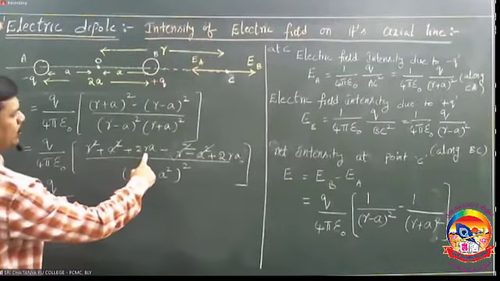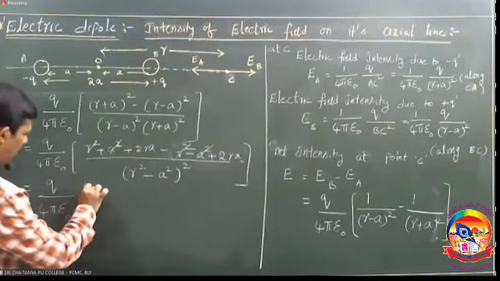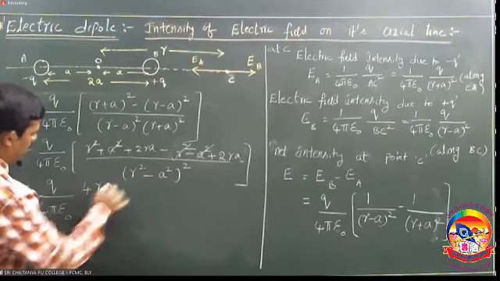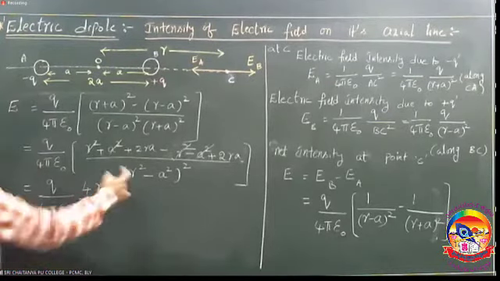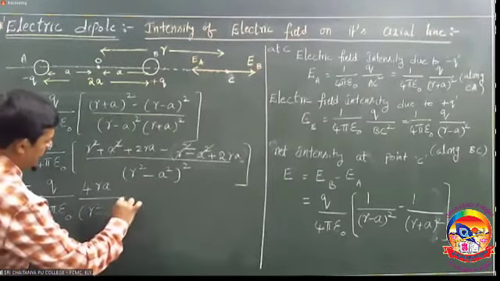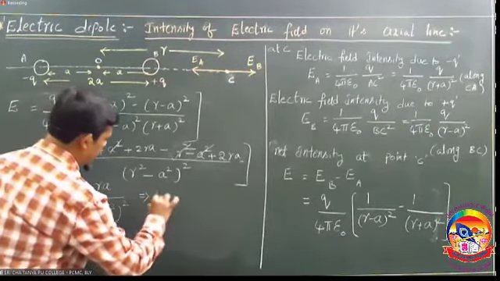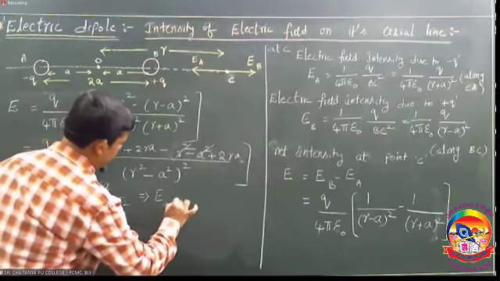What remains here? 2RA plus 2RA, right? 4RA by R square minus A square whole square. This is E. Where? On axial line, right? E axial.